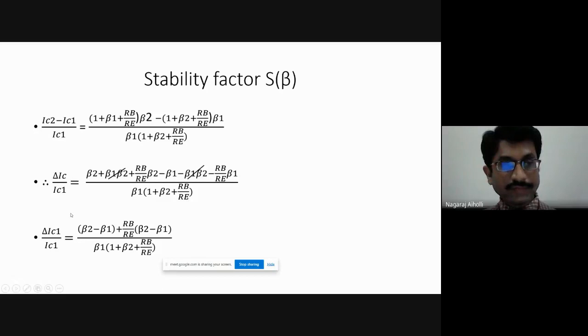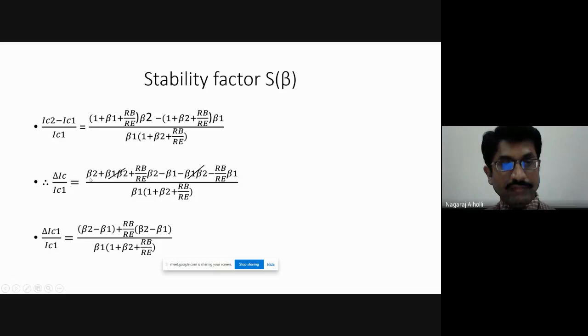Simplify further here. Delta IC by IC1, the LHS, will remain the same. Plus beta 1 beta 2 minus beta 1 beta 2 will get cancelled.